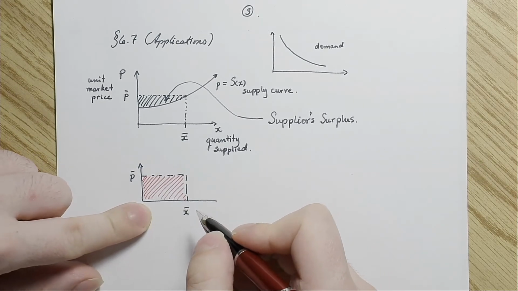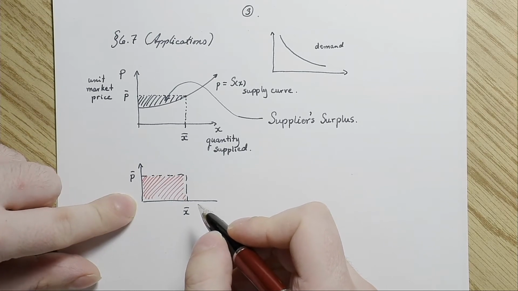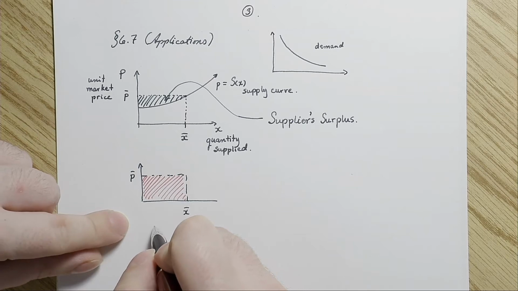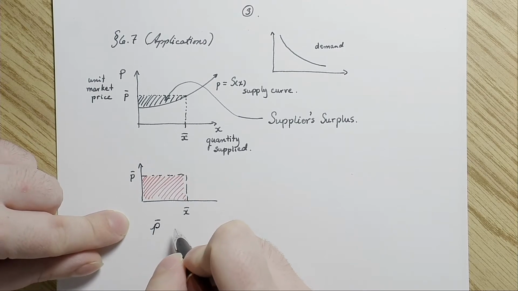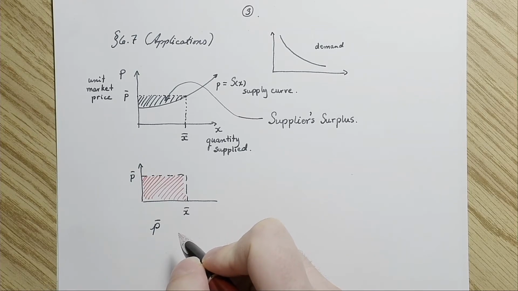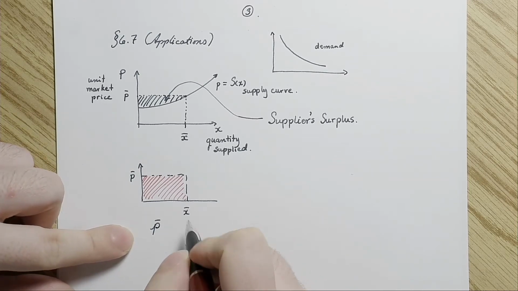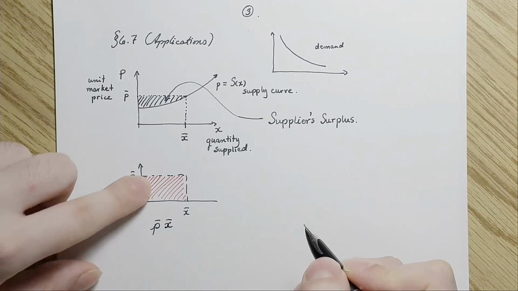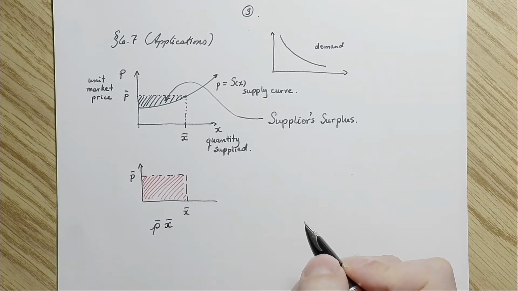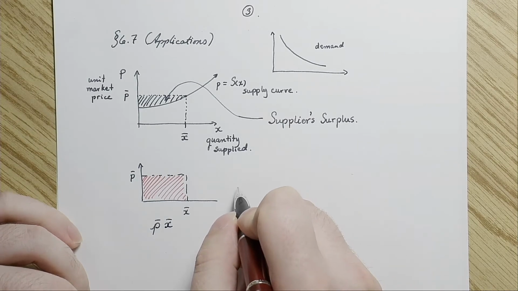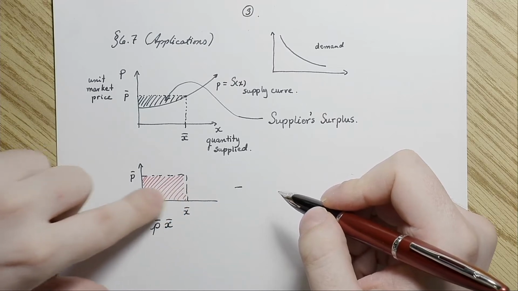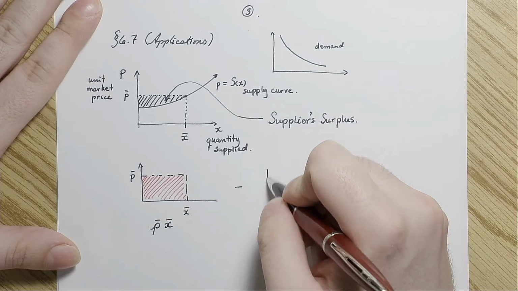The area of that rectangle is the width times the height. So that area is equal to P bar, which is the price that is set, and X bar, which is the number of units that are supplied. So the area of this is P bar times X bar. And then I need to subtract something from this total area.